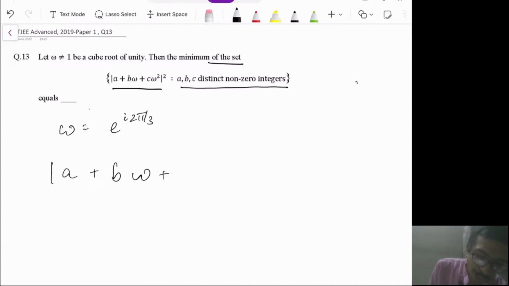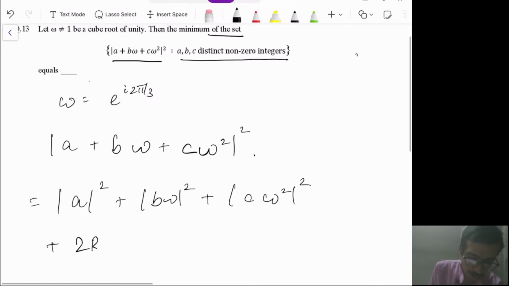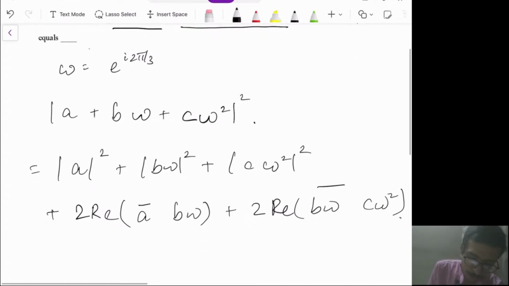So first thing we can try to do is to expand out this expression, and we can use here the identity for mod of z1 plus z2 plus z3 squared. So this is going to be mod of a squared plus mod of b omega squared plus mod of c omega square squared plus twice the real part of a conjugate b omega plus twice the real part of b omega conjugate c omega square plus twice the real part of a conjugate c omega square.